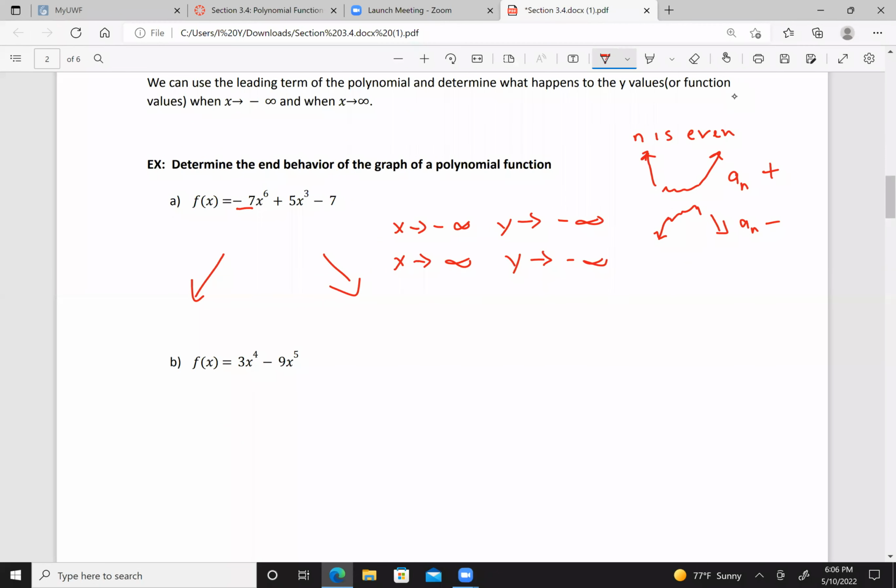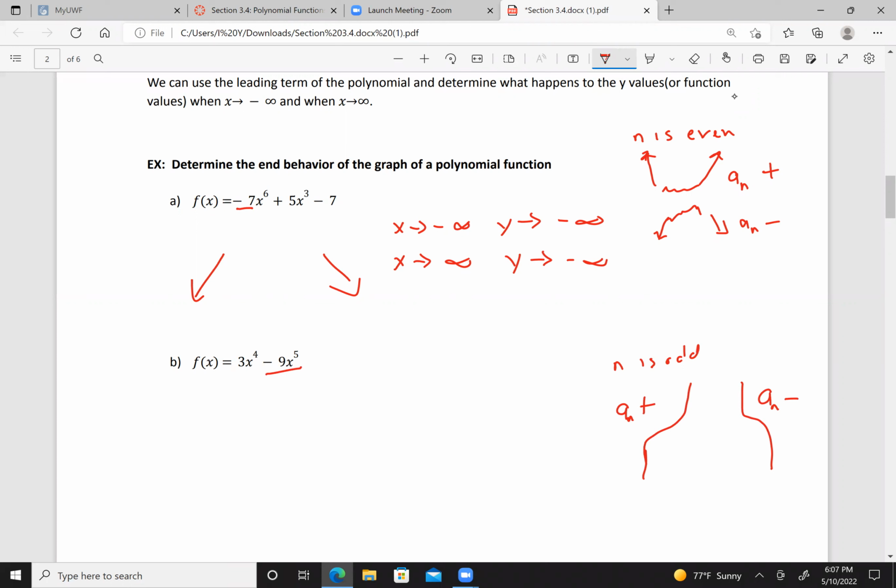Okay, now, if n is odd, we have something that looks something like this, or like this. This is if a sub n is positive, and this is if a sub n is negative. So looking here, I've got this.